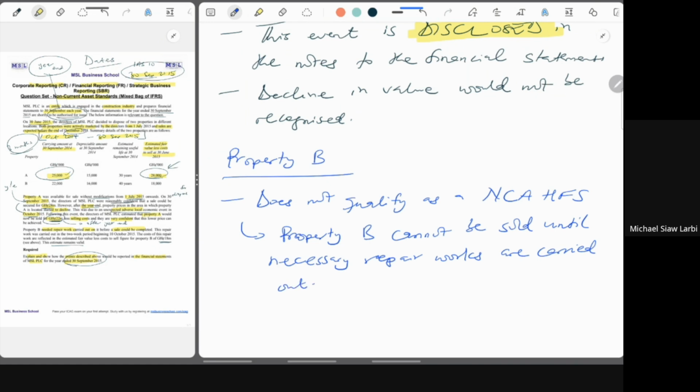Because of that, property B, you depreciate as usual. There's nothing like depreciate up to a certain point, then reclassify. No, it stays a non-current asset, which is not held for sale, but rather held for use in the production and supply of goods and services or for administrative purposes. Are we good? So property B here, we are going to depreciate it normally for the whole period, right?